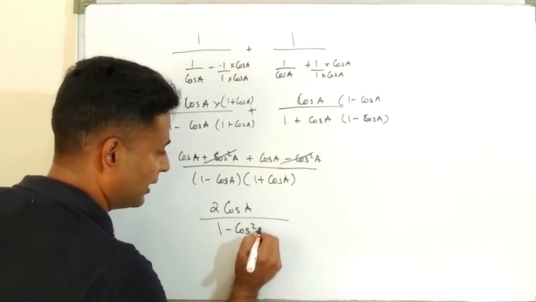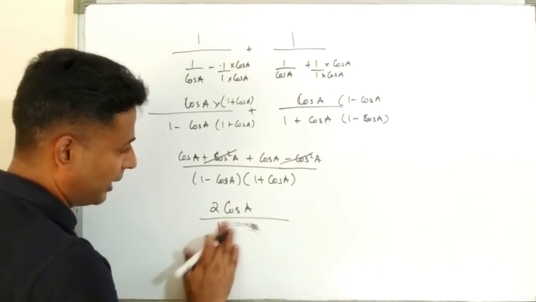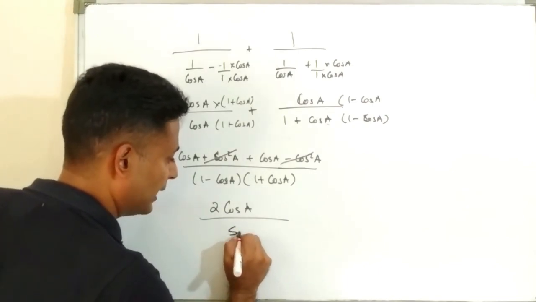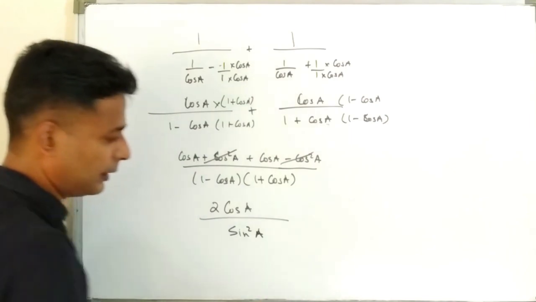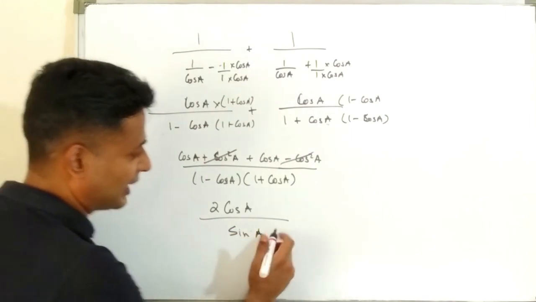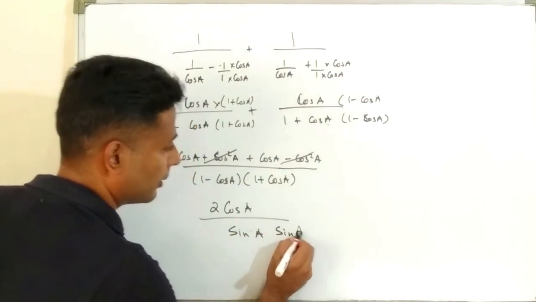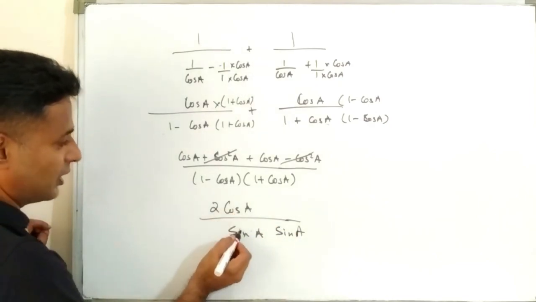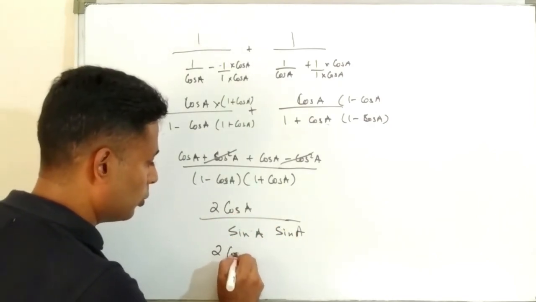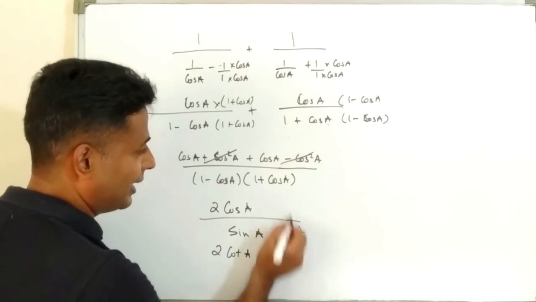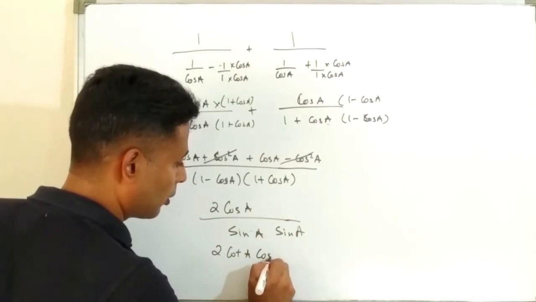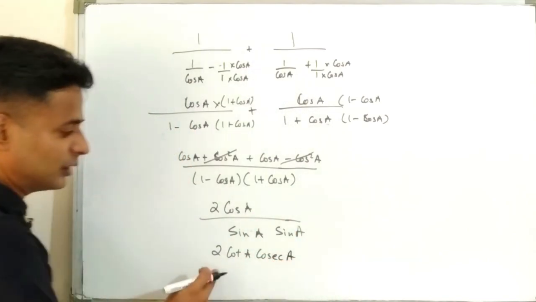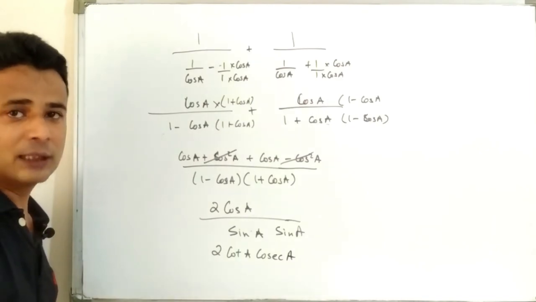So I get 1 minus cos square a. 1 minus cos square a is nothing but sin square a, right? Now this sin square a can be written as sin a into sin a. Now we have 2 cos a by sin a, 2 cot a, and 1 by sin a, when I take it up, becomes cosec a. So the answer is 2 cot a cosec a.